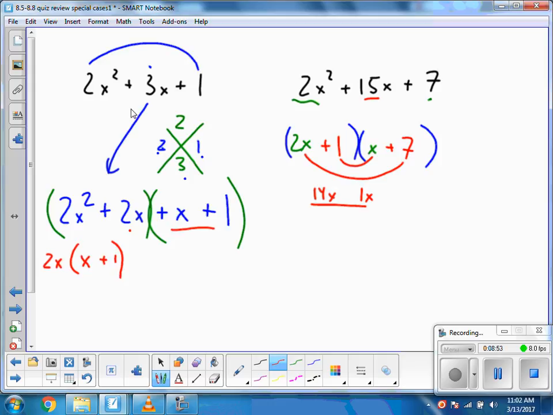Right here, nothing's factoring out. I'm really factoring out a 1. x plus 1. And I end up with 2x plus 1, and I end up with x plus 1. So that would be me splitting the middle term and then factoring those out. So 2x plus 1, x plus 1.